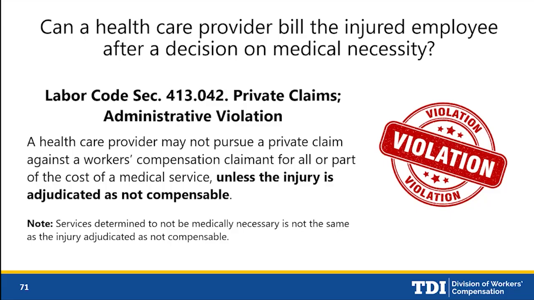So if you've gone through all of those steps and it's no longer appealable, the adverse determination becomes final. You can't turn around and bill that patient and give them that service. So you can't pursue that private claim. It's different if you've been denied for extent of injury and you go through and get final adjudication.